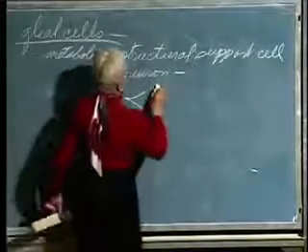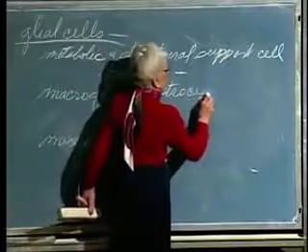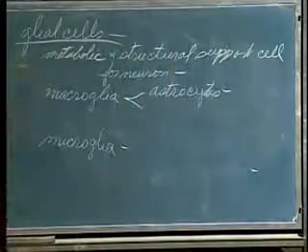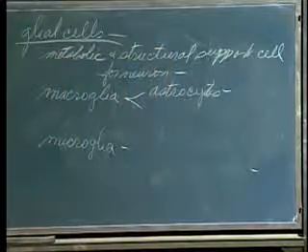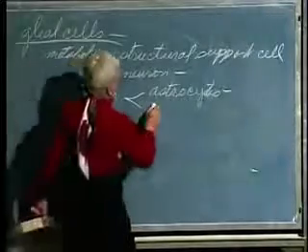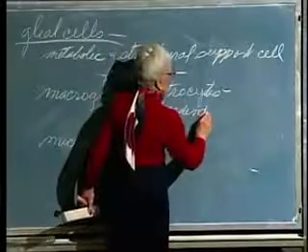They look like stars. Astrocytes. Astronomy. And other kind of macroglia will be the oligodendroglia.